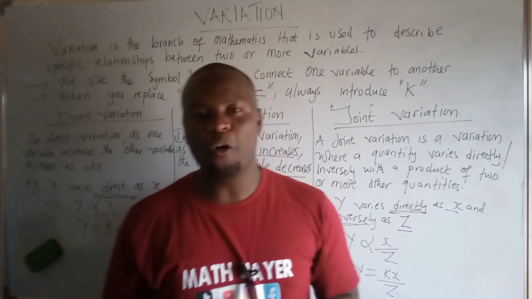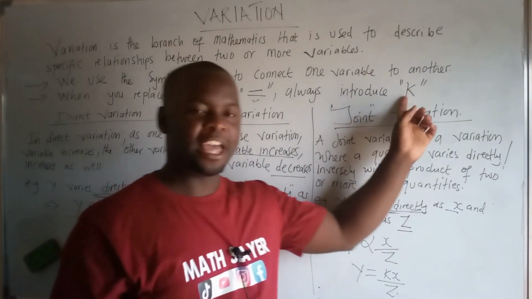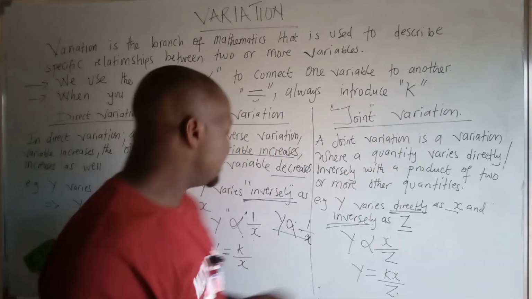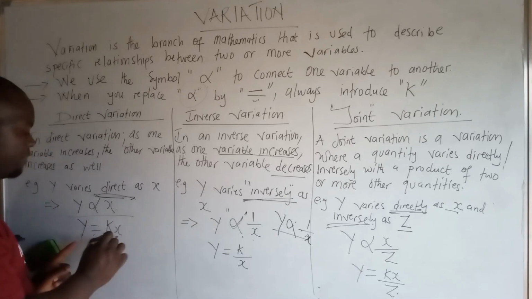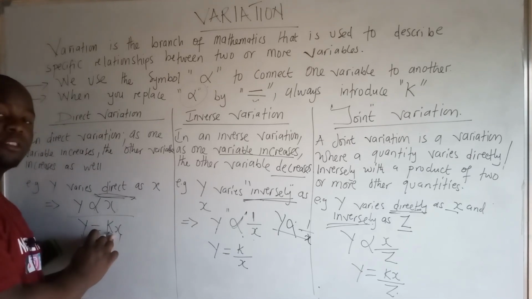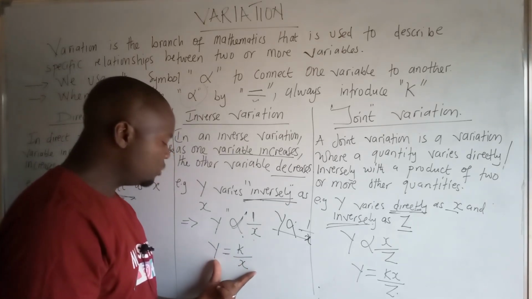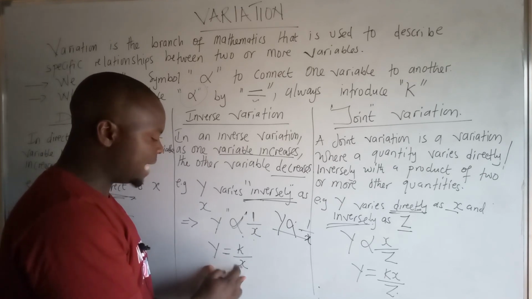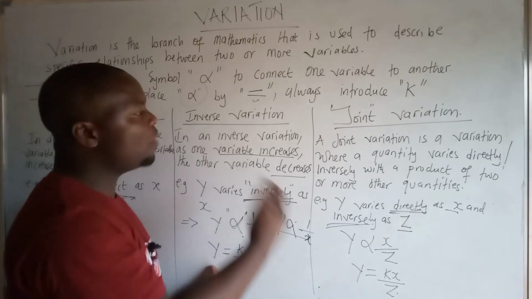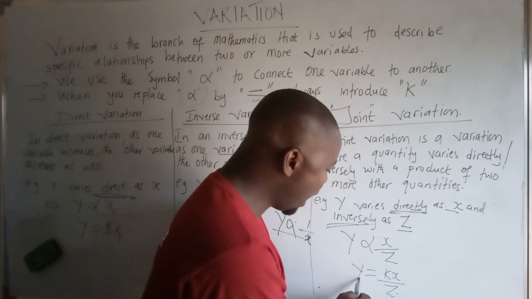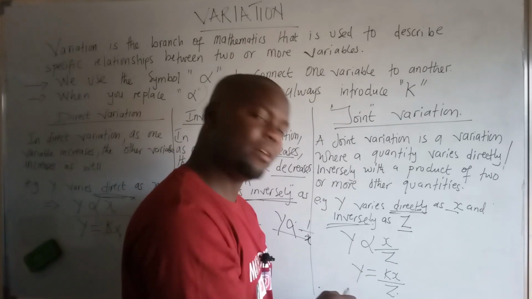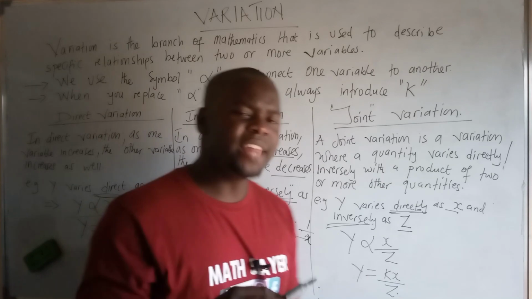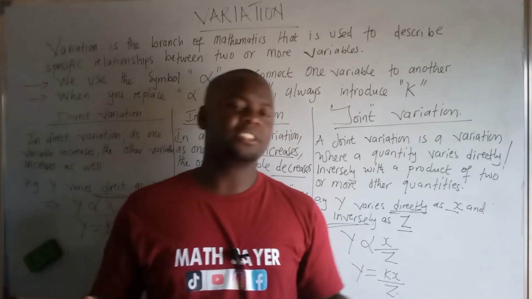Of course, the first question will always be to calculate the constant of variation, the value of k, which is very simple. For a direct variation, you substitute the value of y and the value of x, and then you make k the subject of the formula. For an inverse variation, you substitute the value of y and the value of x, and then make k the subject of the formula. Likewise for the joint variation, where you substitute y, z, and x, and make k the subject of the formula. Very simple calculation that you need to enjoy as far as variation is concerned.